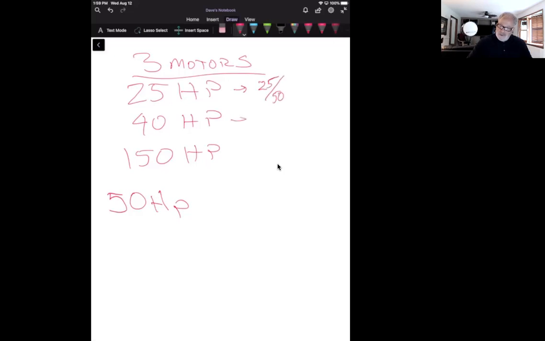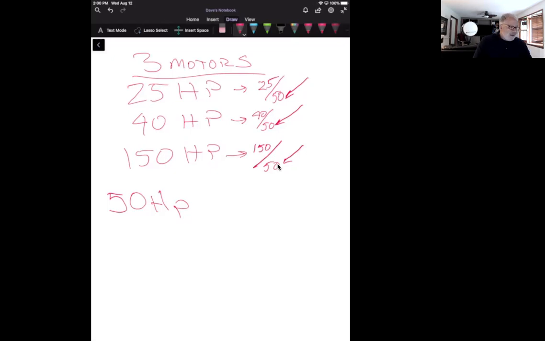For the second one, 40 to the base of 50. And for the third one, 150 to 50. Always remember that the base value that we're using is going to be in the denominator. Always in the denominator. Then we'll come up with a unitless value that will describe a specific motor to that base value.